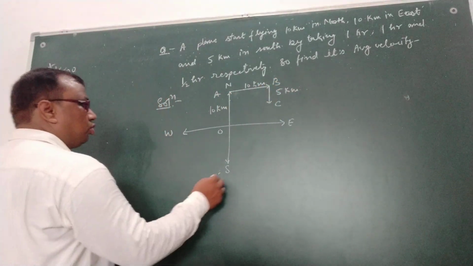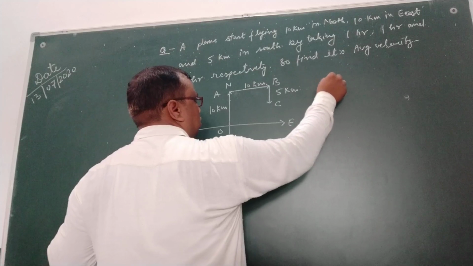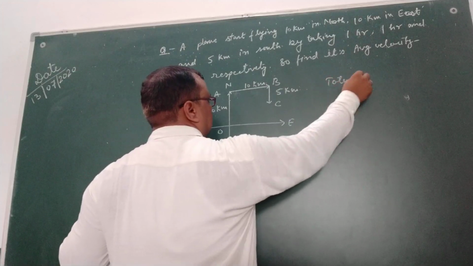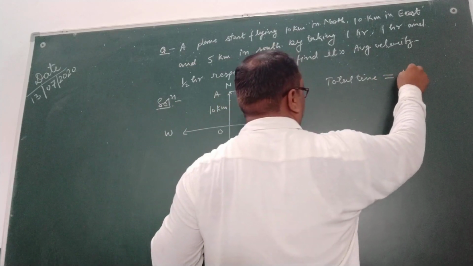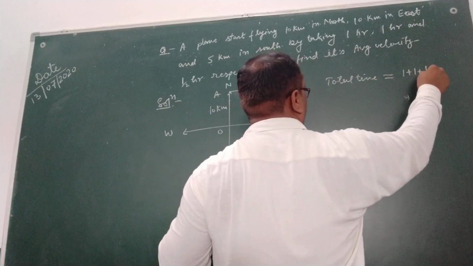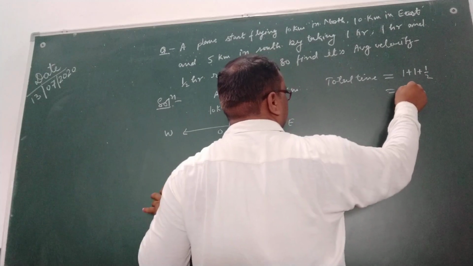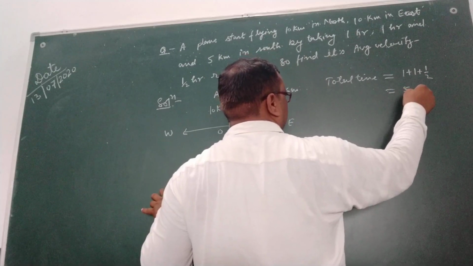So we know that total time is 1 hour plus 1 hour plus 1 by 2 hour. So it is 5 by 2 hour.